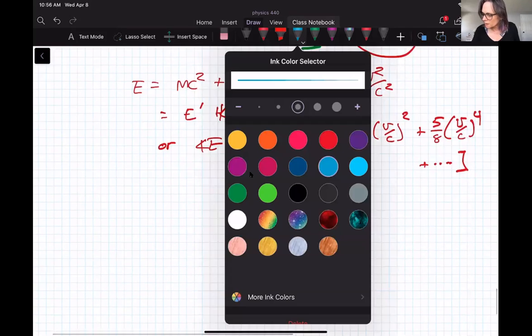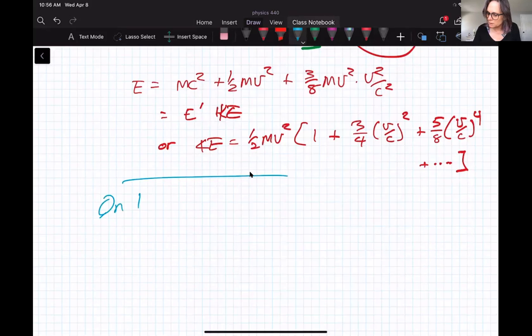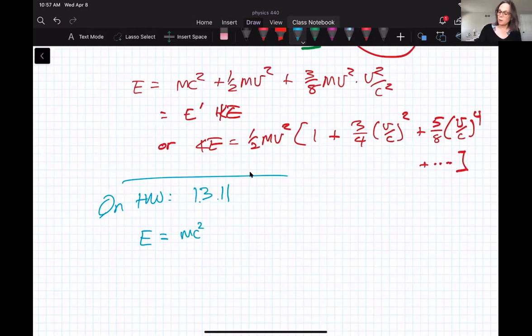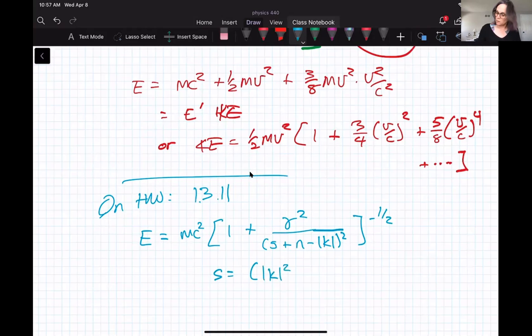On the homework, 1.3.11 deals with an expansion for Dirac's relativistic theory, and it has E equals mc squared times 1 plus gamma squared, which is a constant that includes things like z and e squared and all of that stuff, over s plus n minus absolute value k, all of that squared, all of this to the minus 1/2, with s equal to absolute value k squared minus gamma squared to the 1/2, and k is equal to plus or minus 1, plus or minus 2, and so on.